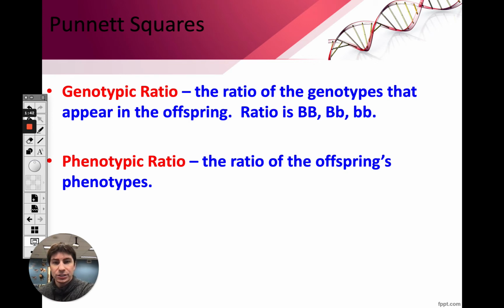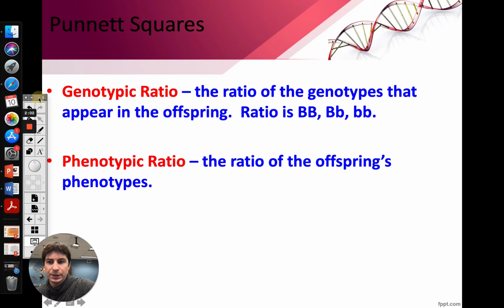So that's the genotypes. The phenotypes, that was going to be what we see based on the genotype. So I know we did purple flowers and white flowers, and purple was dominant to white. If it was big B, big B for our genotype, we would have purple flowers.